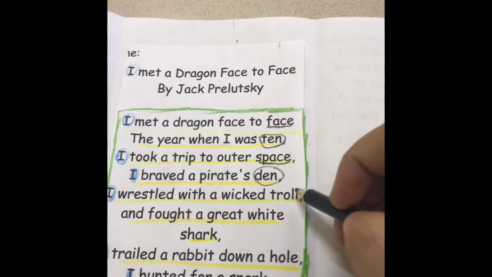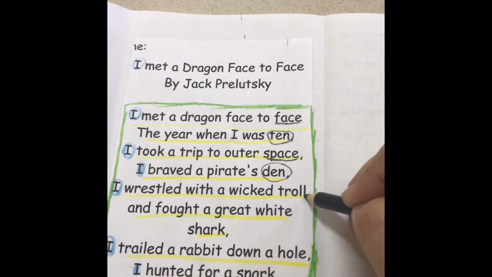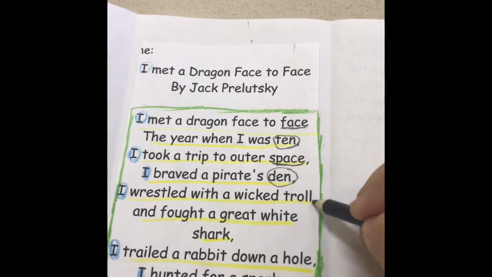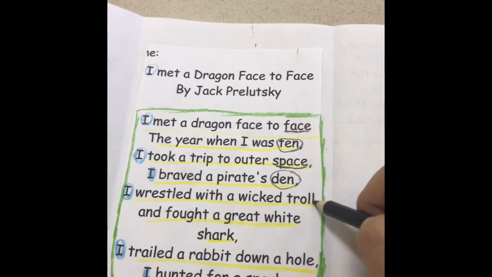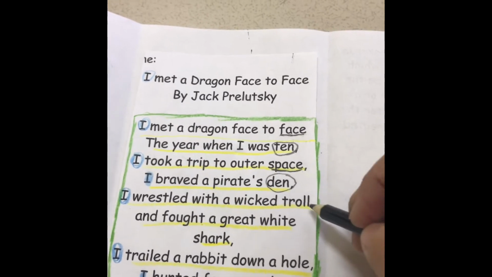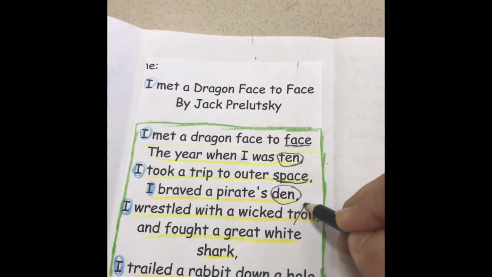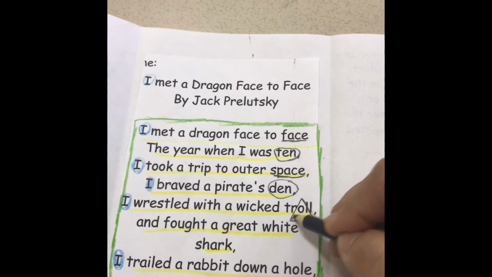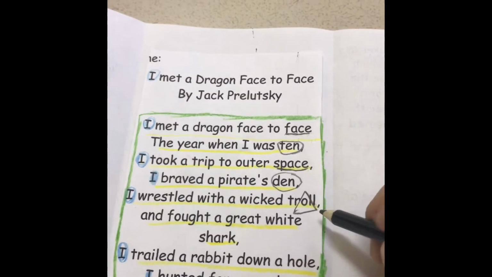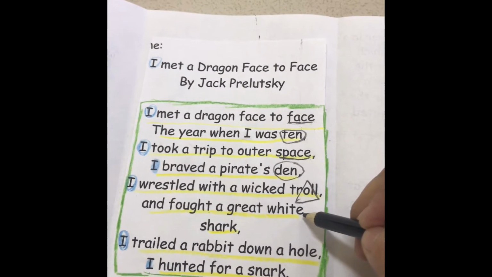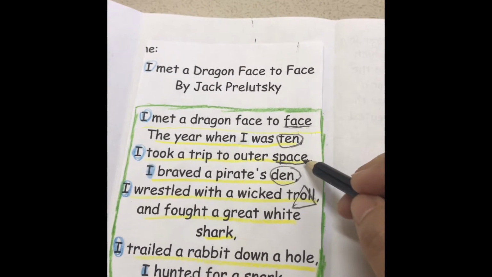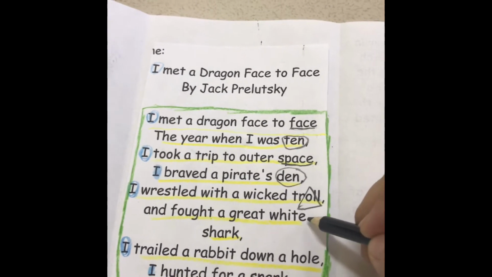And then we look at troll. Okay, face, troll, 10, troll, space, troll, den, troll. None of those rhyme, right? So this will be something different. So we can do like a triangle. That way we know that it's different than these. And then we have white. Face, 10, troll, and white.